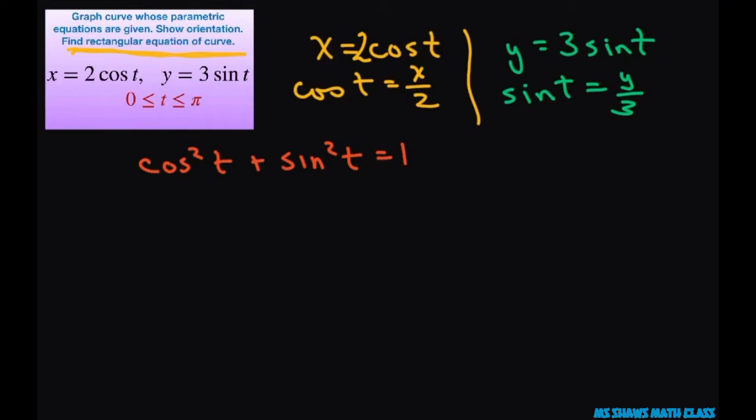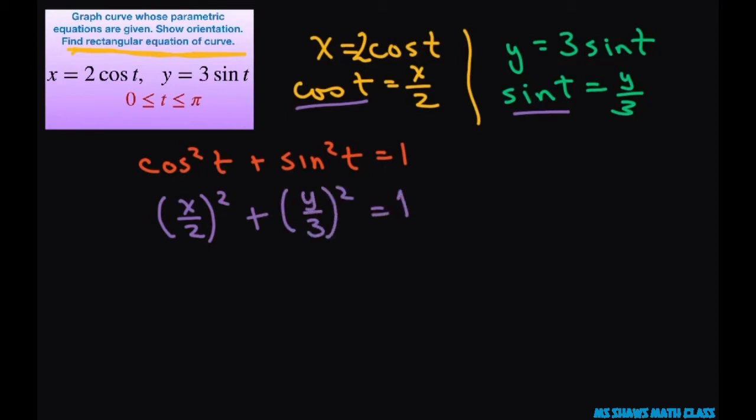Therefore, using substitution for cosine of t and sine of t, we have (x divided by 2) squared plus (y divided by 3) squared equals 1. Now this equals x squared divided by 4 plus y squared divided by 9 equals 1.